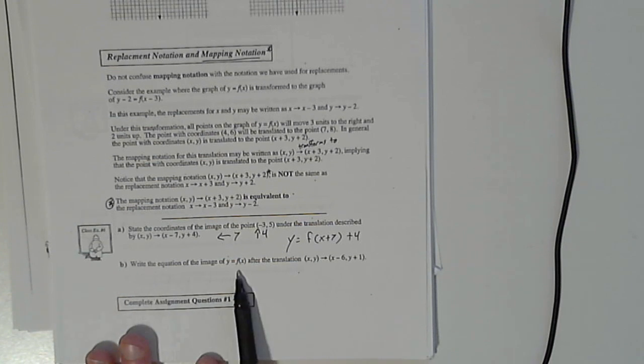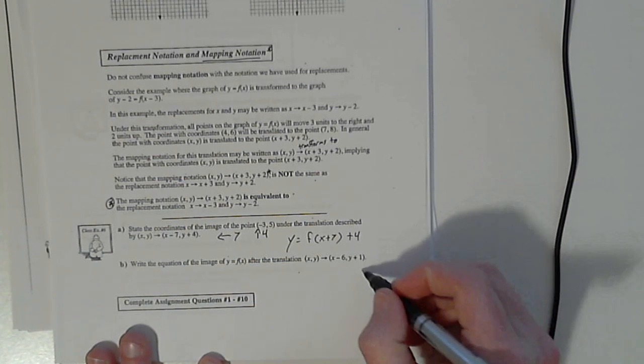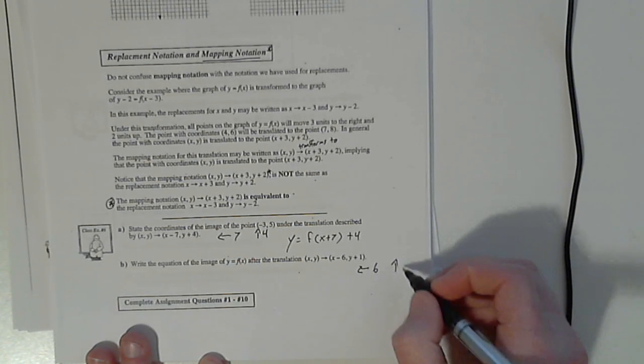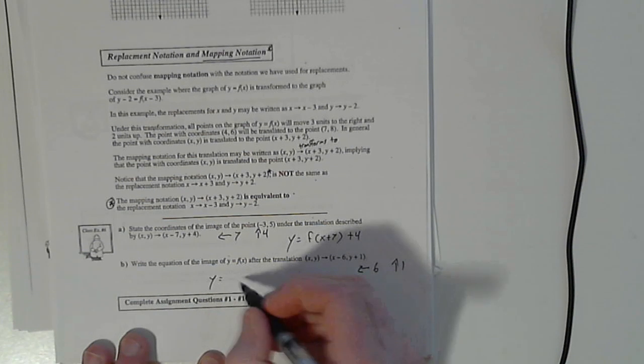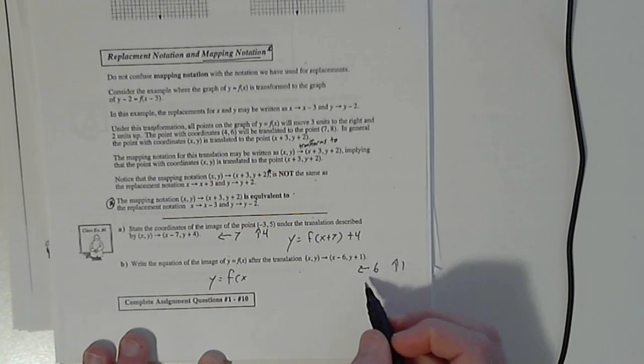Write the equation of the image of y equals f of x after the translation. So this is going to be 6 units left and 1 unit up. So this becomes y equals f of x plus 6, or x minus negative 6.